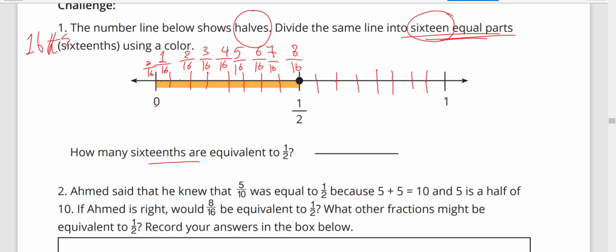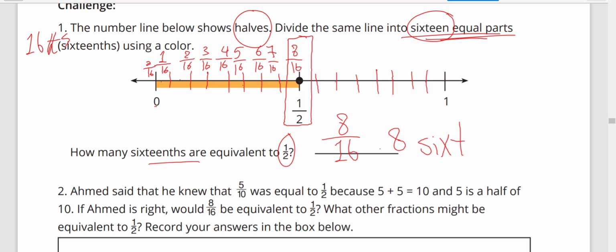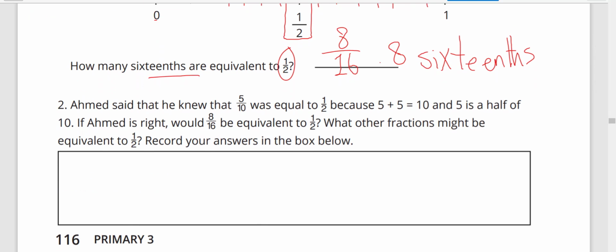Now which sixteenths are equivalent to half? From here, we find that 8/16 are equivalent to half. We can write 8/16.